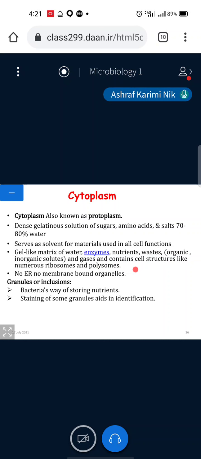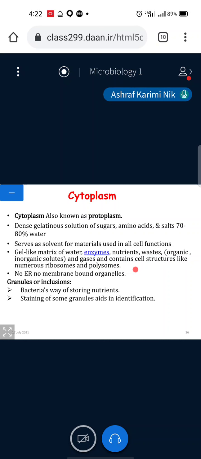Staining of some granules aids in identification. We have some specific staining methods, for example Albert staining or Neisser staining. Albert or Neisser staining is used to observe the granules of Corynebacteria, for example Corynebacterium diphtheriae, the cause of diphtheria.